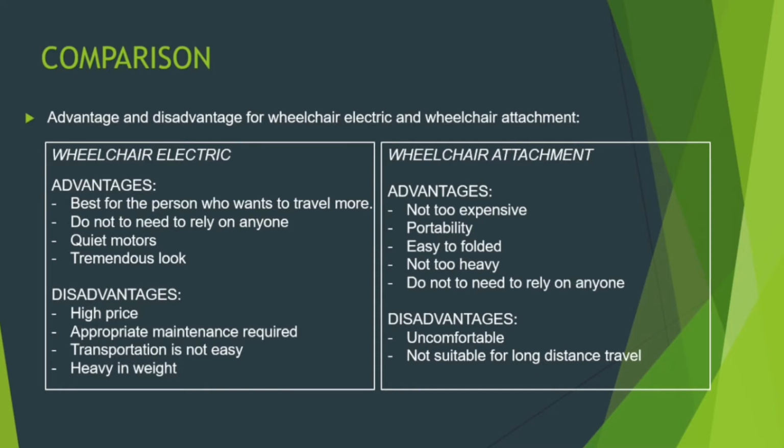Wheelchair attachment advantages: not too expensive, portability, easy to fold, not too heavy, and does not need to rely on anyone. Disadvantages: uncomfortable and not suitable for long distance travel.